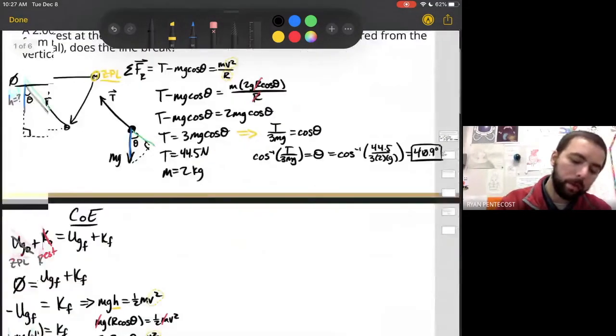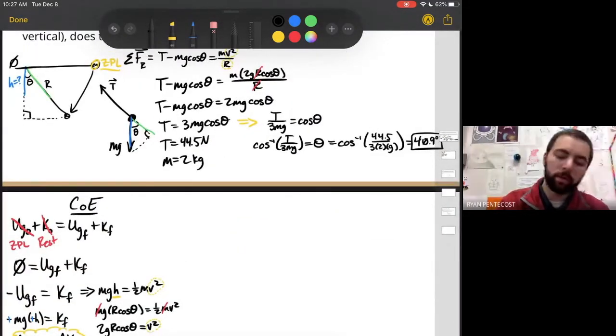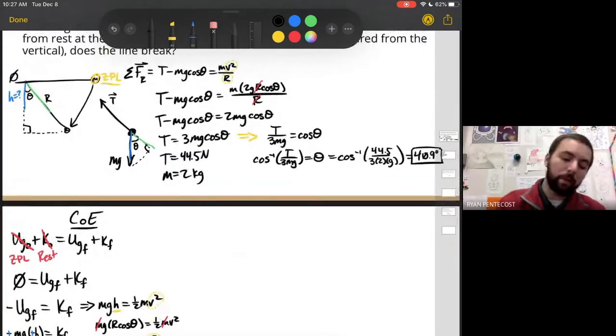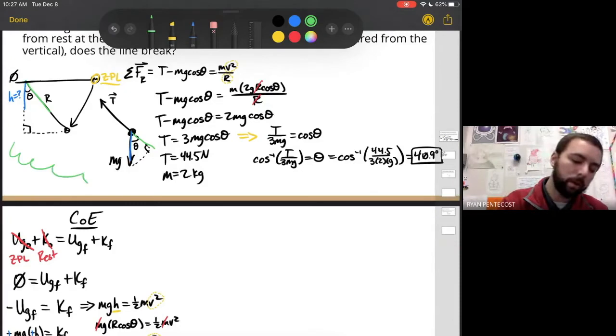Now notice the work that we took, right? So that's going to break at 40.9 degrees from the vertical. Now notice our method, right? All of this right here is step 1. We did all of that first.